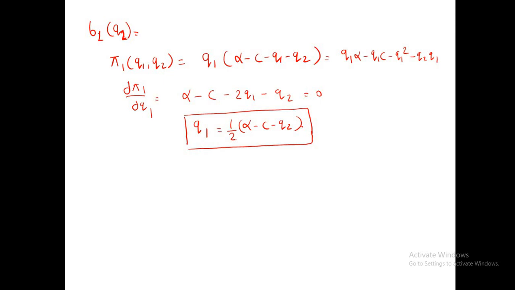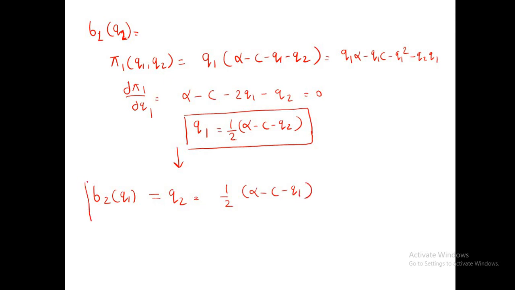Now you all must be thinking, why have I calculated this? I have just calculated this to find out the value of B2Q1. By using this as an analogy, we can easily determine the value of B2Q1. So what will be the value of B2Q1? Q2 is equal to half of alpha minus C minus Q1.